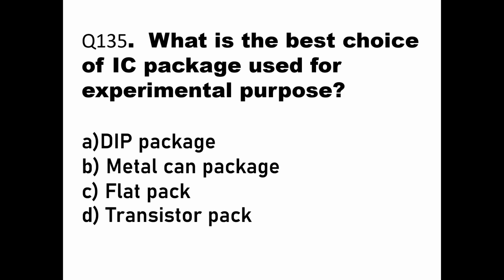Even if you take a microcontroller, you see 20 pins on one side, 20 pins on the other side. Even a 8086 microprocessor has 20 pins on one side, 20 pins on the other. So that type of arrangement, where you have half of the pins on one side and half on the other side, is very useful in experimental purpose. It's called a dual inline package, so it is DIP. So here the option will be dual inline package, DIP package.